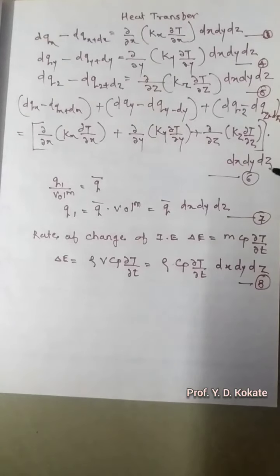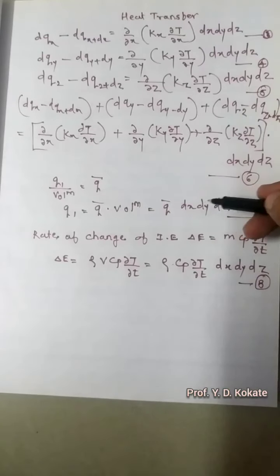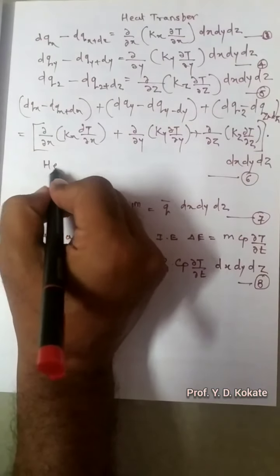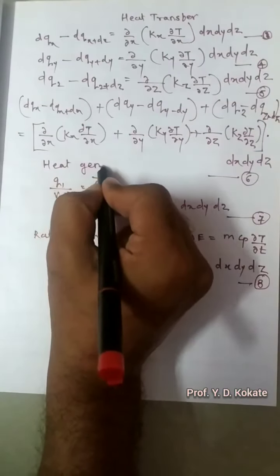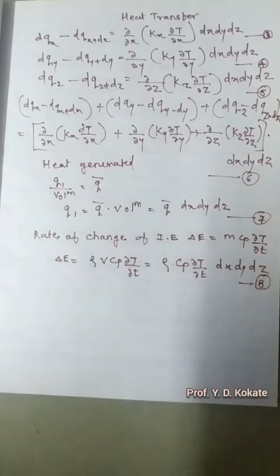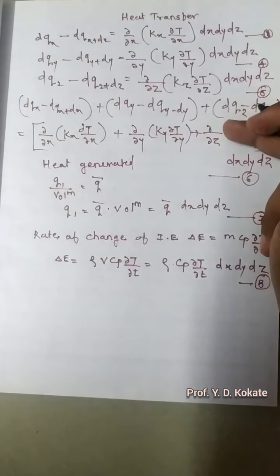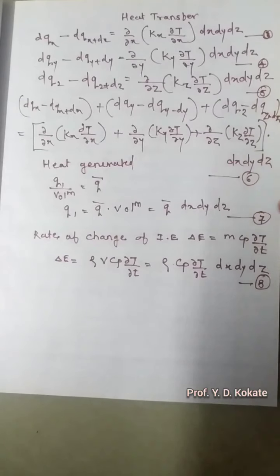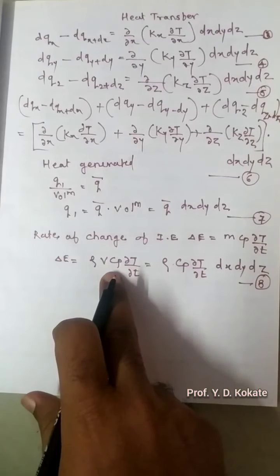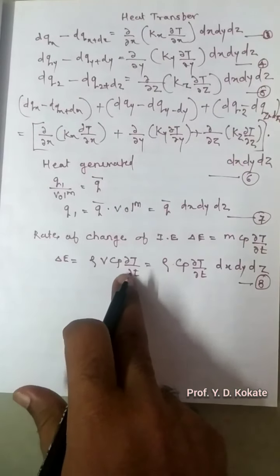Now if you see equations 6 and 7, 6 indicates the amount of heat transfer in all directions, 7 indicates the amount of heat generated, and due to the effect of 6 and 7, that is heat transfer and heat generated, there will be a change of internal energy.